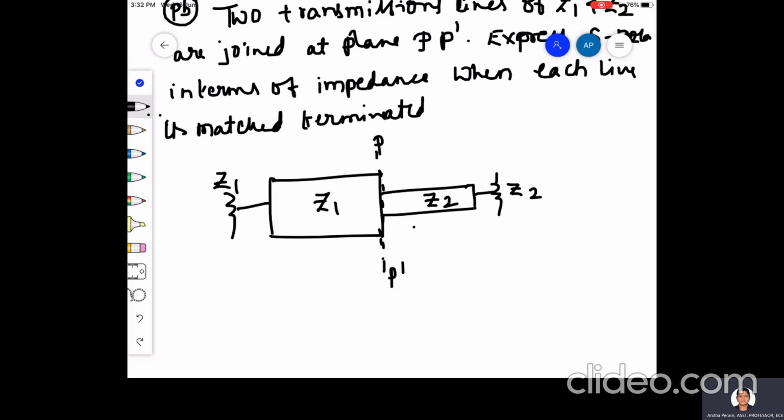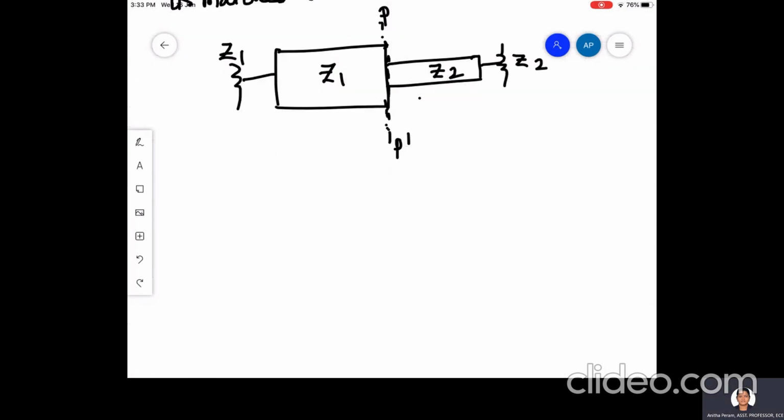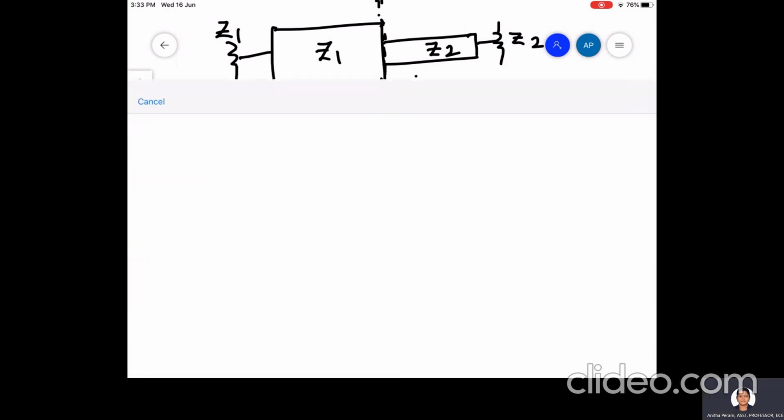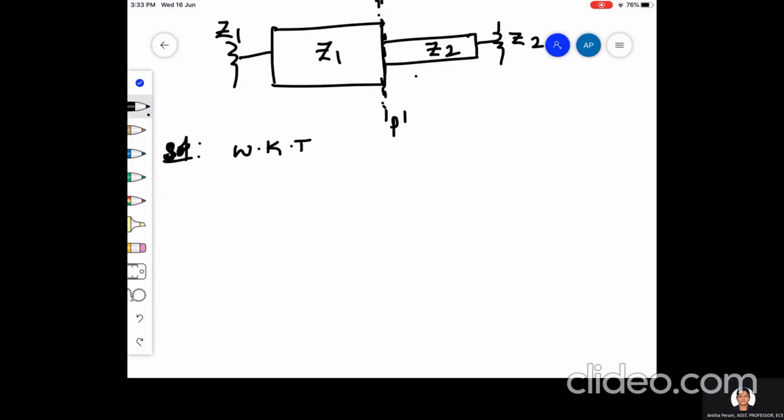What they're asking you to find at plane PP dash is to express the S parameters in terms of the impedances. So by considering this circuit, you can express the incident and reflected waves at port 1 and port 2.